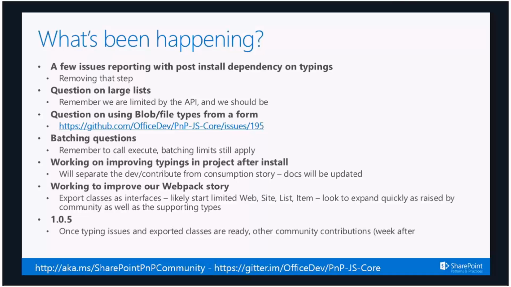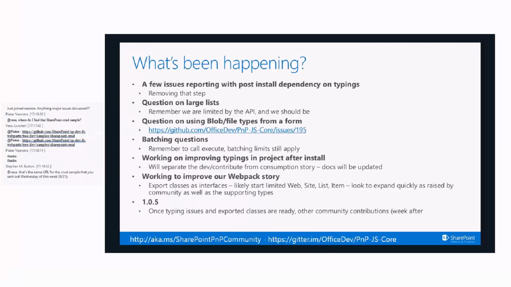There are two links at the bottom, to the community and to our Gitter site. Gitter is a great place if you have quick questions or something more informal, and use the community for when you've got something worth sharing with the whole community.